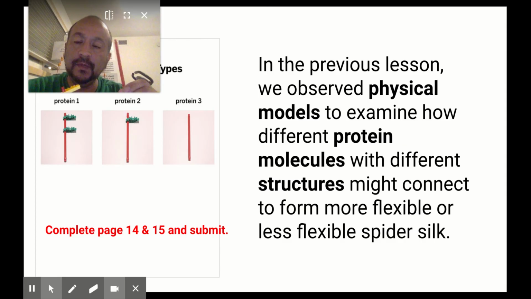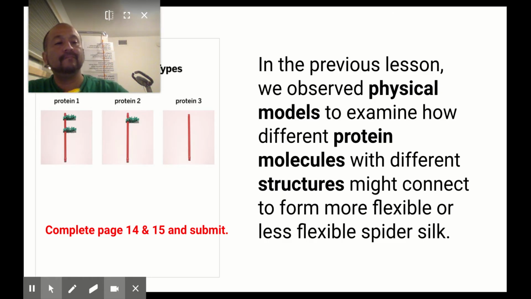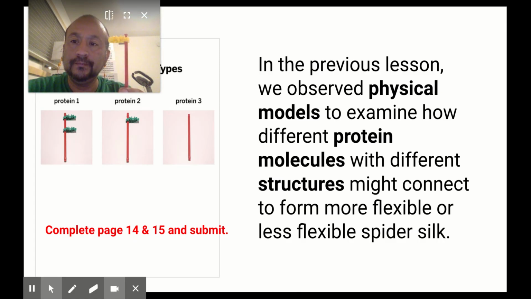And this would be protein 3 that I'm holding, just a red stick. And this would be protein number 2. It has a yellow piece on it. It's a red stick with a yellow piece on it. So this would be a protein. So I guess maybe you might be thinking at this point, there are different types of proteins. Yes, there are. And there are 3 that we're talking about here now.